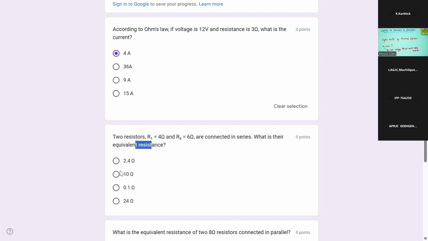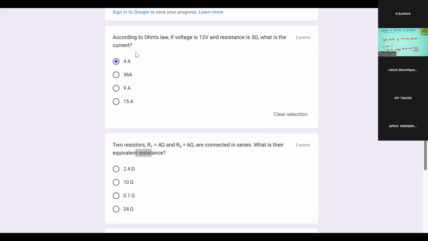What is the equivalent resistance of the resistors in series connection? Good. Option 1, 2.4 ohm. Anybody?